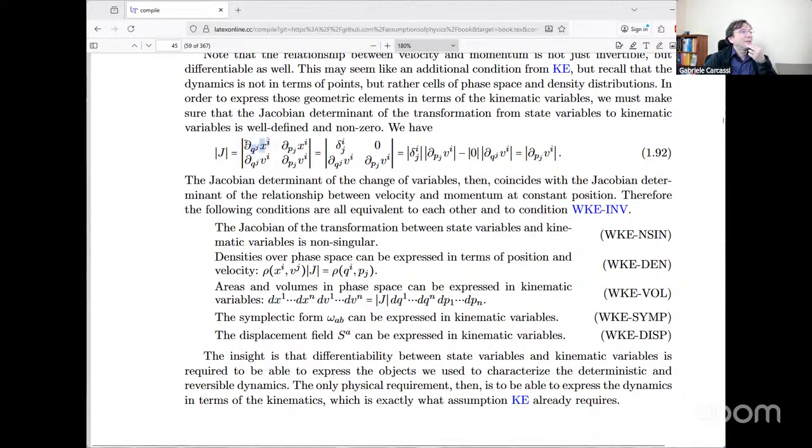Here, this is just going to be the Kronecker delta, because the q_i and the x_i are the same thing. And here you have no dependence on the x_i with the p_j because it's all going to be in terms of the q_i, so you have a zero. So regardless of what these two things are here, now you have the determinant of this matrix, and you only care about the product of the diagonals because the other off-diagonal term is going to be zero.